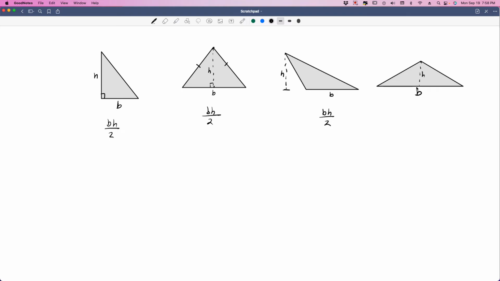So let's try a couple. So here we have 27.1. I should have left those triangles up there because that's what we're doing. So here's a right triangle. This is 4 and this is 6, and we are doing inches.